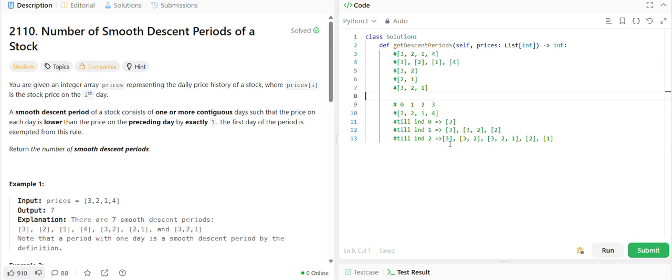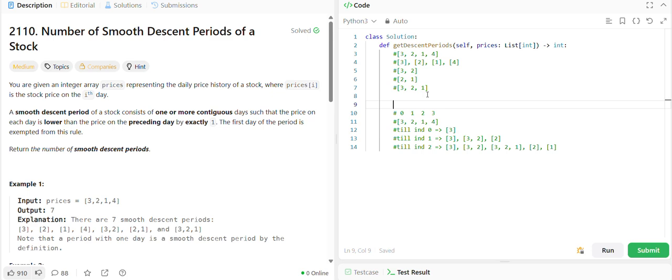Can you see a similar pattern here? See, 3 is present in every case. We have the smooth descent period 3 till index 0, so that will continue for every case. Similarly 3 2 and 2 are present in index 1 and that continues in index 2 as well. By using this similar kind of pattern, we can come to our optimized approach.